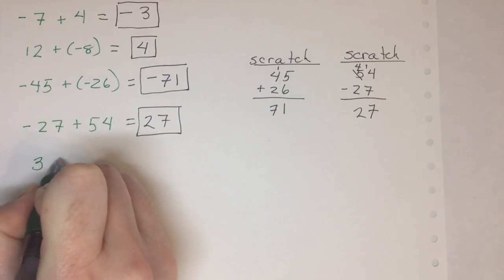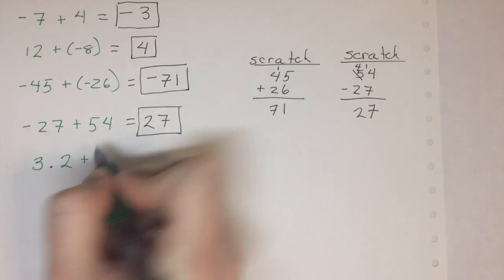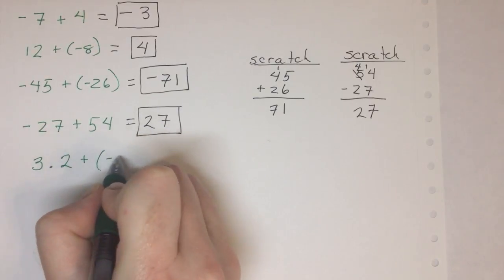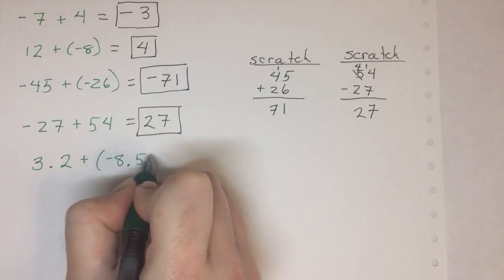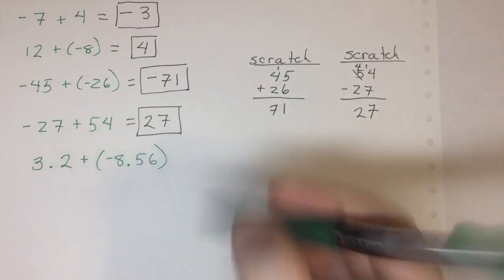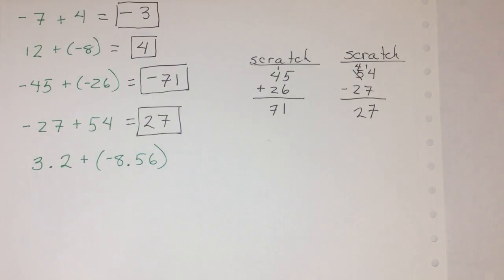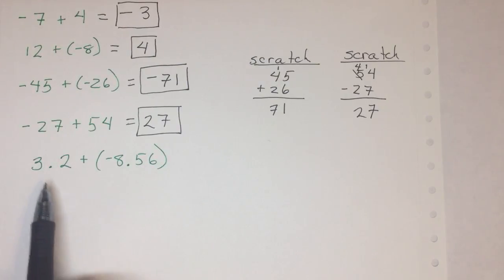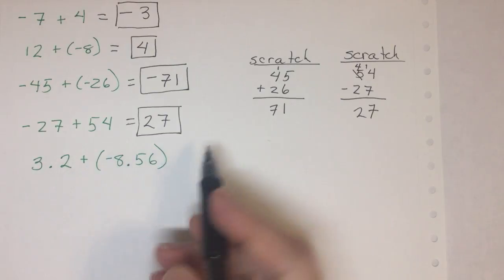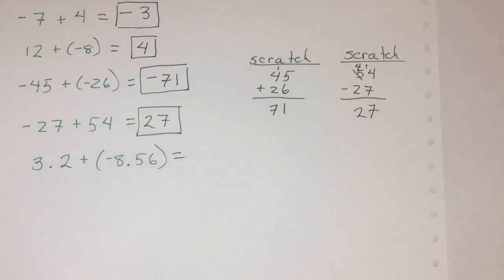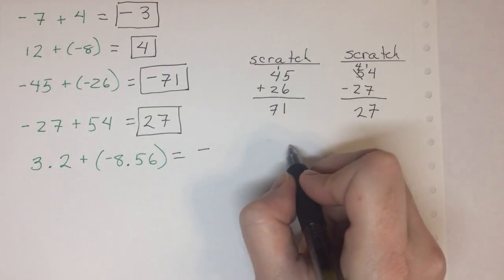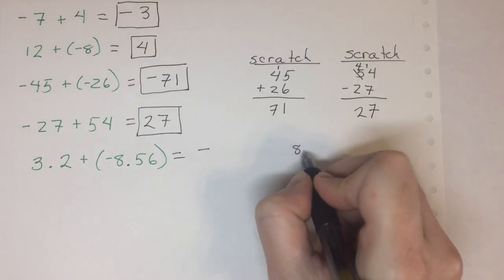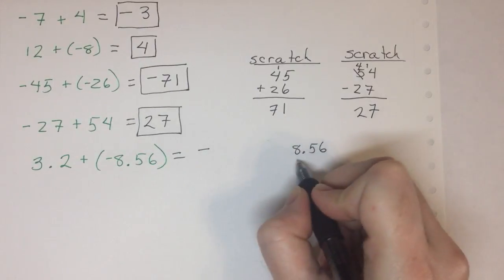Now we can do this for decimals as well. Not just for fractions, for any real numbers. We're not limited to just positive and negative whole numbers. So here, 3.2 plus negative 8.56. I have 3.2. I owe 8.56. Positive or negative? Now it'll be negative. Scratch work to the side. 8.56 and 3.2.